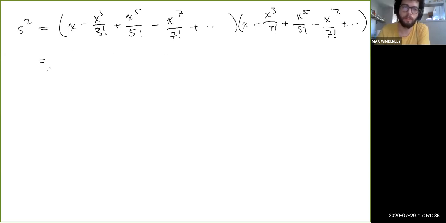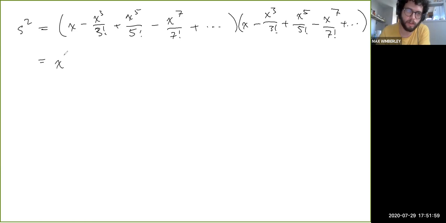So there's no constant term, because the smallest degree you can get would be if you chose x here and x here. There's no linear term either. The smallest term is x squared, and there's only one way to get x squared, because you have to pick x here and x here. If you pick any other term, you're going to get a higher power of x.